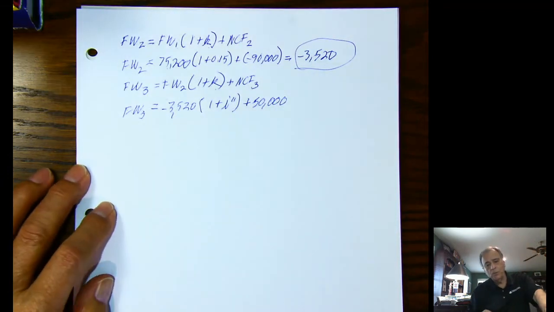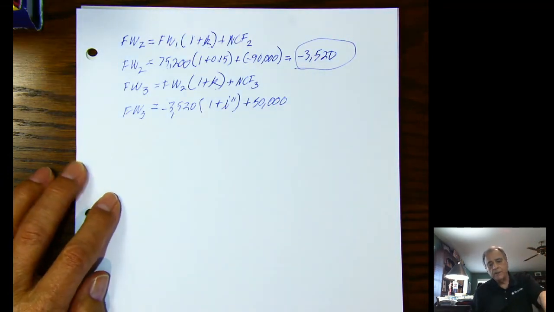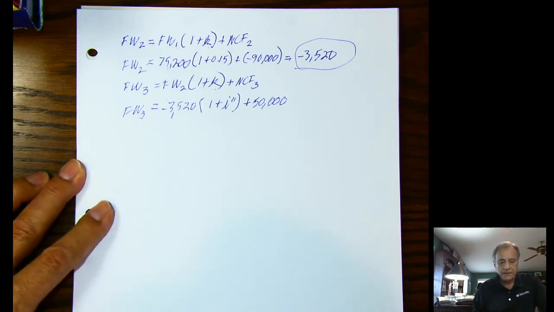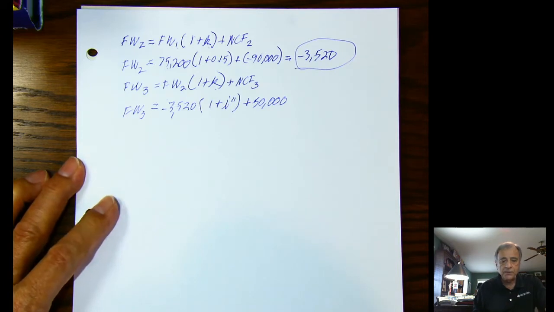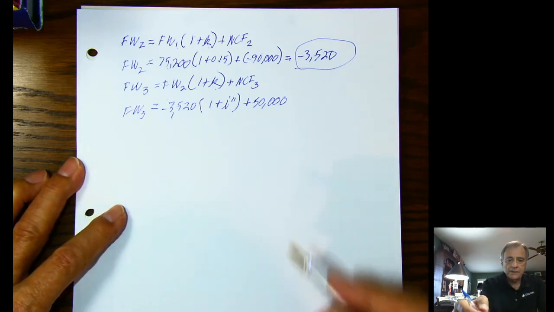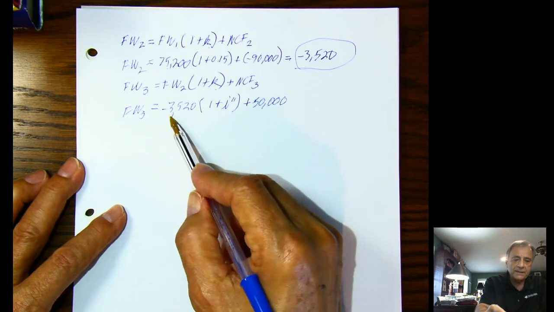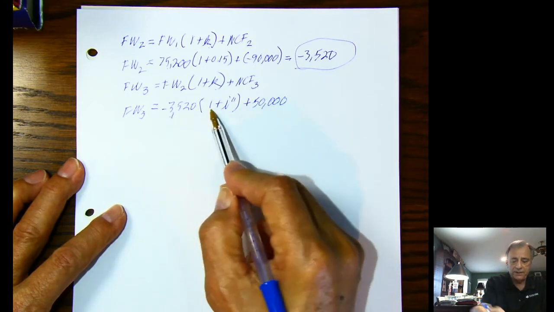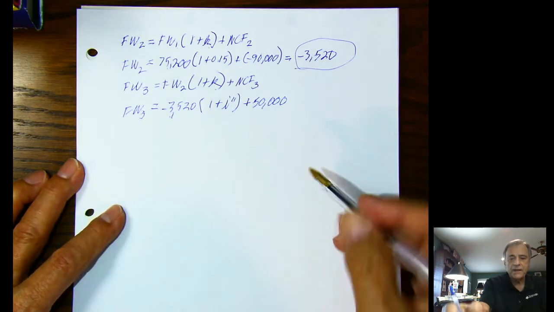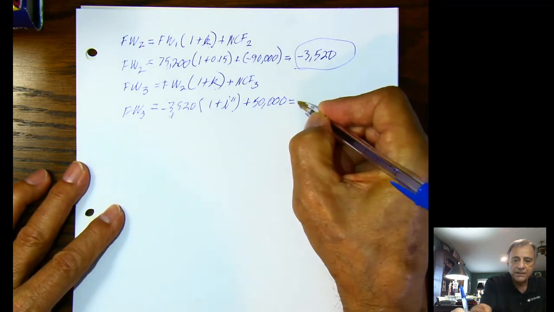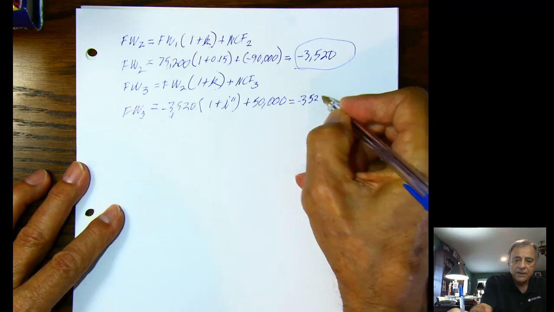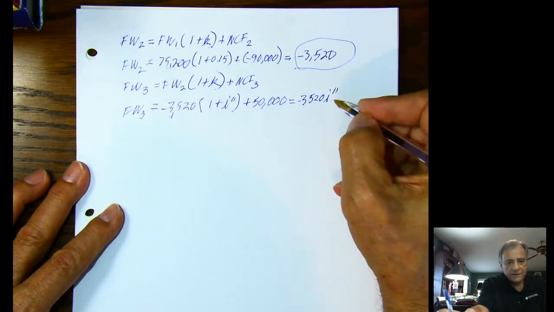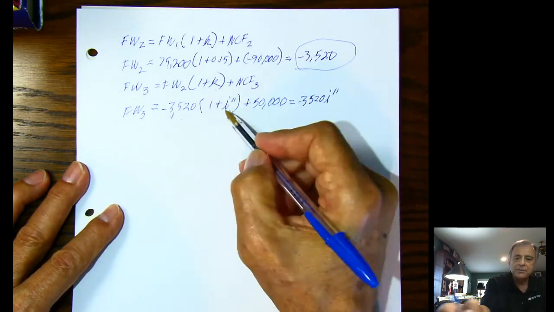When we do this multiplication, we're going to get the future worth at time 3. If we multiply this minus 3,520 times 1, we'll get minus 3,520. Let's do that over here. Minus 3,520 times I double prime, yes, when we multiply it times I double prime.